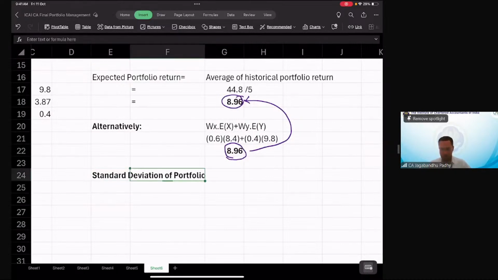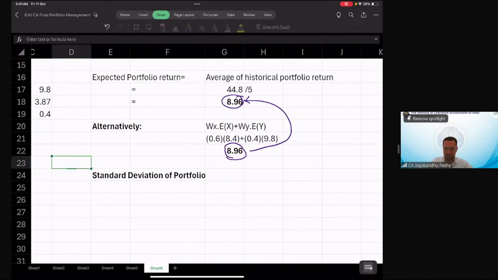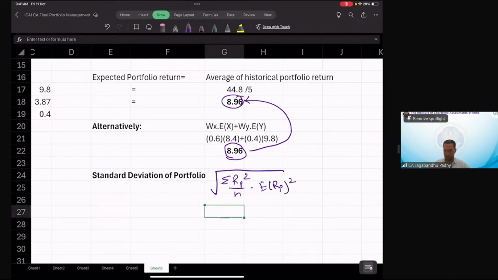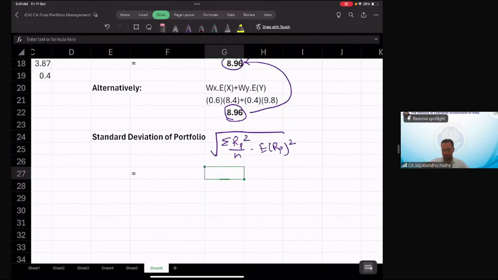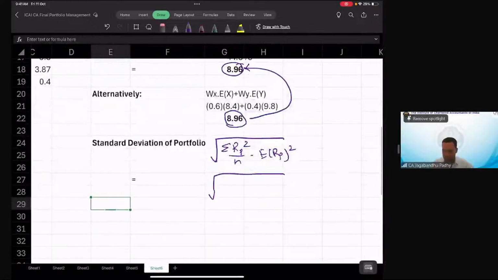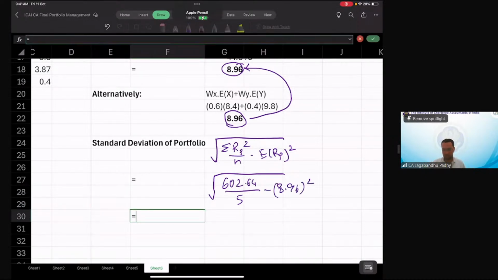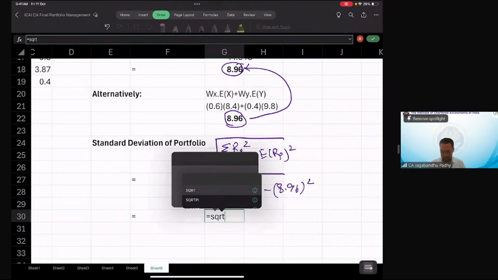Standard deviation of portfolio, we simply apply the formula as square root of summation of return of portfolio square upon n minus expected return of portfolio square. If I just apply the numbers, it will be square root of 602.64 upon number of years, which is 5, minus expected return 8.96, and we take a square of it.